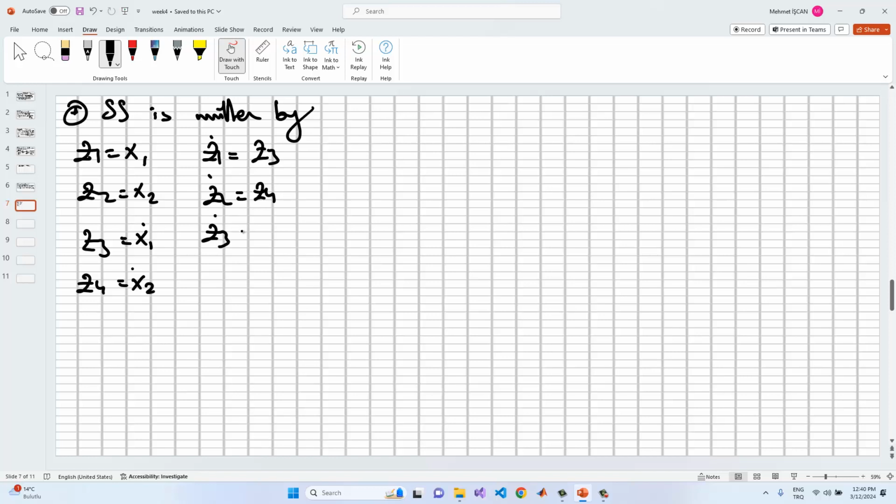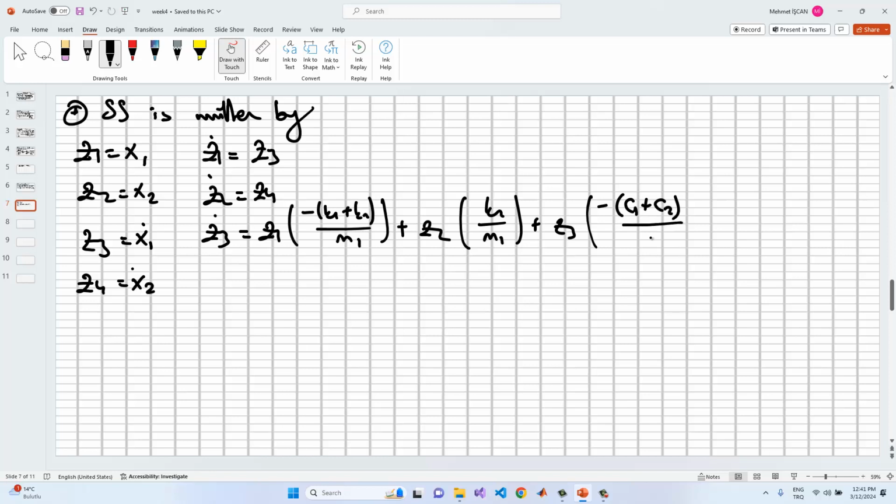And Z3 dot is equal to what? Z1 times minus (k1 plus k2) divided by m1, plus Z2 k2 over m1, plus Z3 times minus (c1 plus c2) divided by m1, plus Z4 c2 over m1. And so Z4 dot is equal to Z1 k2 over m2.